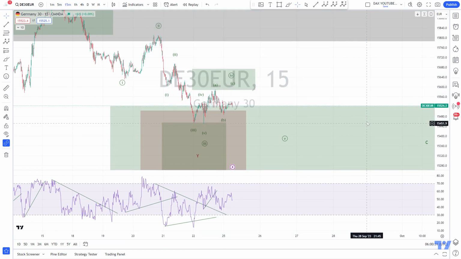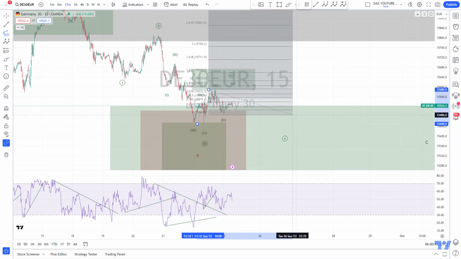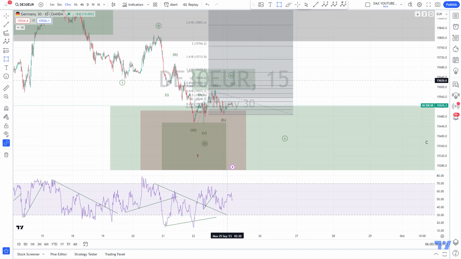So maybe, if we assume that this is the wave B, then we can be more concrete on this wave 4. If we take the length of the wave A and the length of the wave B, then here, this is the wave C area between the 1 and the 1.618 FIB extension.